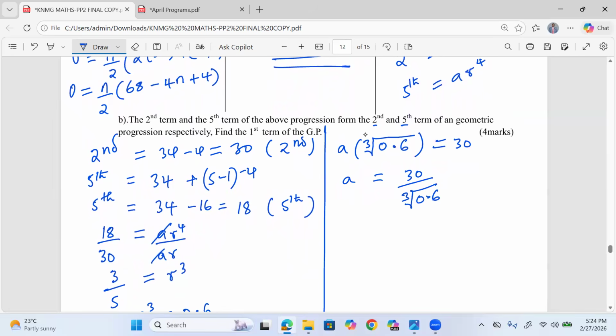So I take 30 and divide by the third root of 0.6, and I'm getting exactly the first term is 35.569, to 3 decimal places.